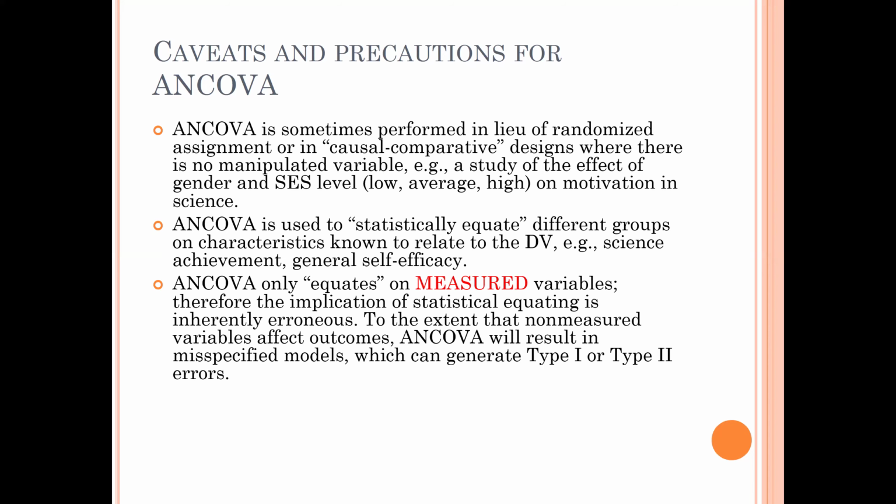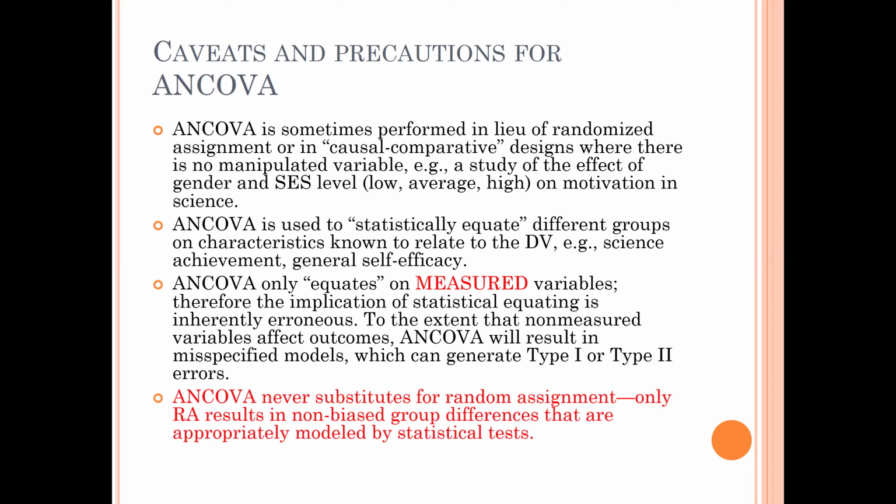If you use Ancova, the groups are rendered similar to the extent that your covariates are error-free on that covariate, not on anything else that hasn't been measured. So these are not equating at all.